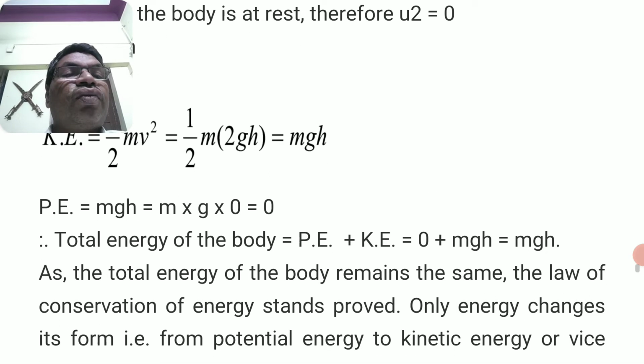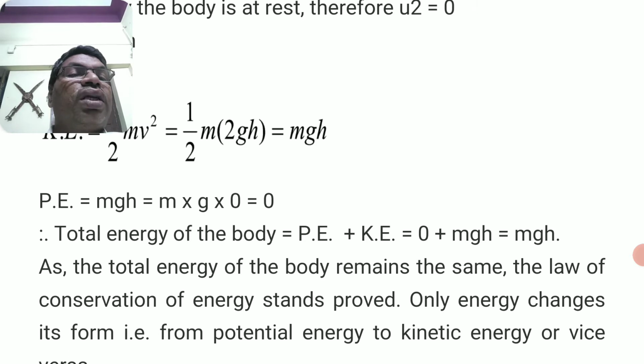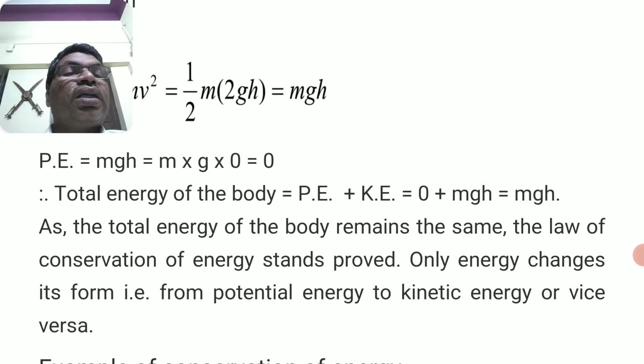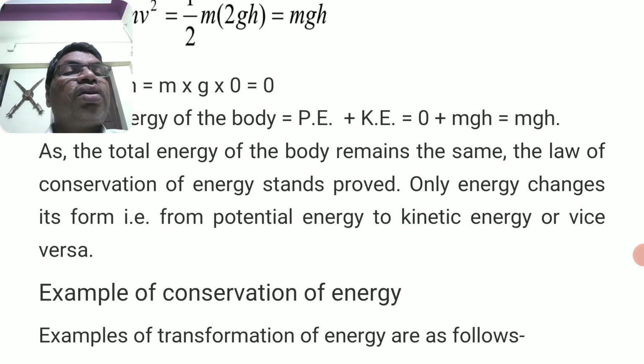So the total energy of the body again is potential energy plus kinetic energy, which is 0 plus mgh. It remains as mgh. As the total energy of the body remains the same, the law of conservation of energy stands proved. Only energy changes its form from potential energy to kinetic energy or vice versa.